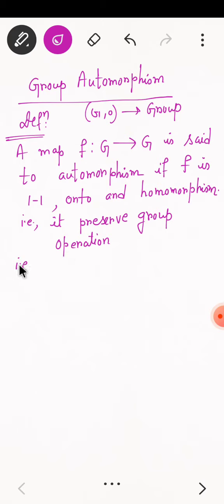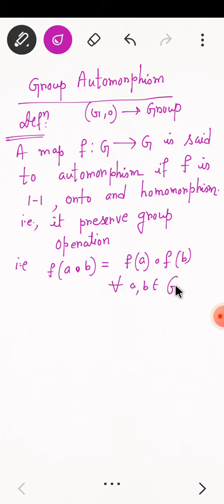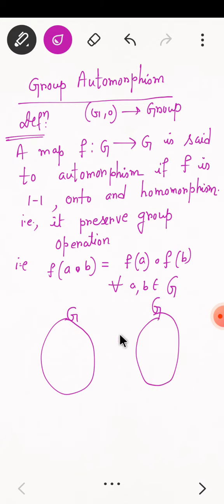So that is F of A composition B is equal to F of A composition F of B for all A, B belonging to the group G. If F from G to G is a mapping which is one-one, onto, and preserves the group operation, then we say that F is an automorphism.